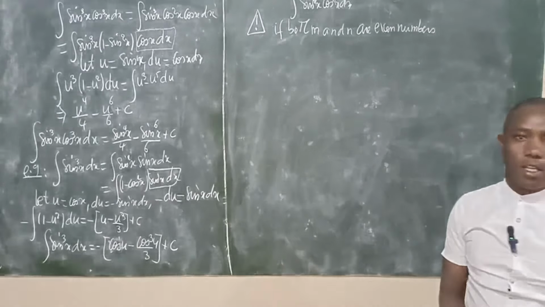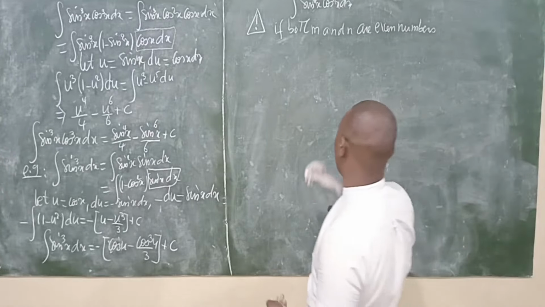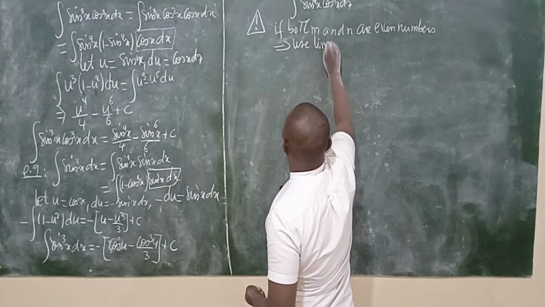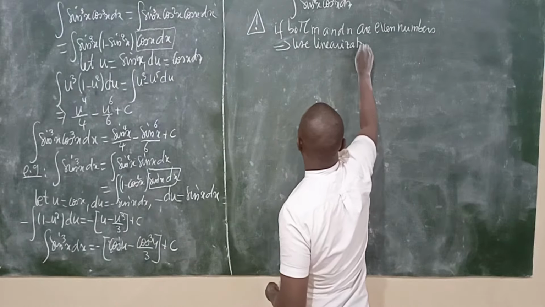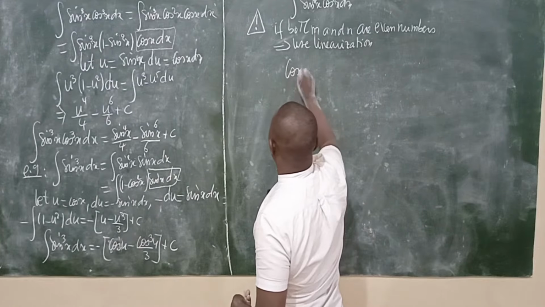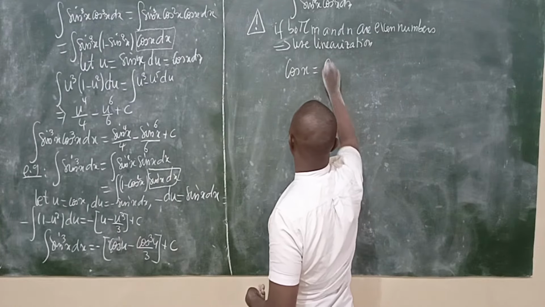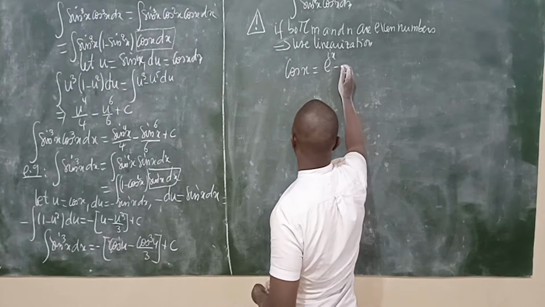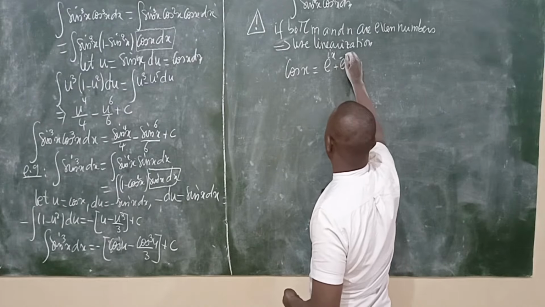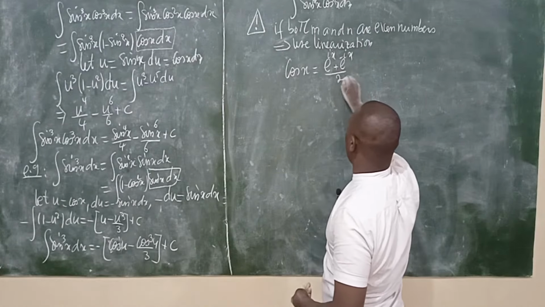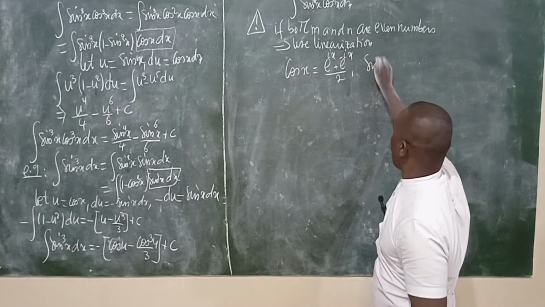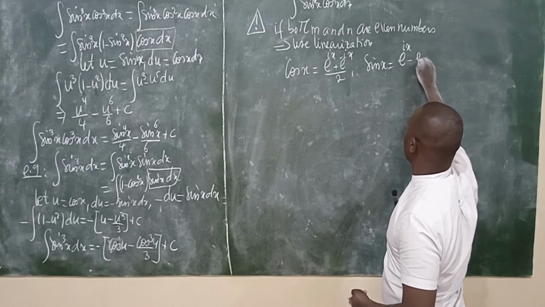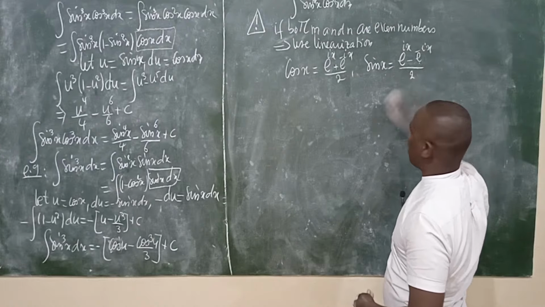Here we use the so-called linearization, where cosine x can be replaced by exponential of ix plus exponential of minus ix over 2, and sine x by exponential of ix minus exponential of minus ix over 2.